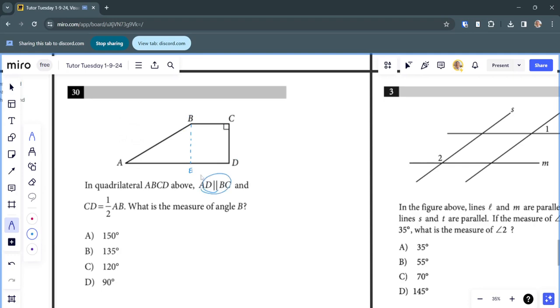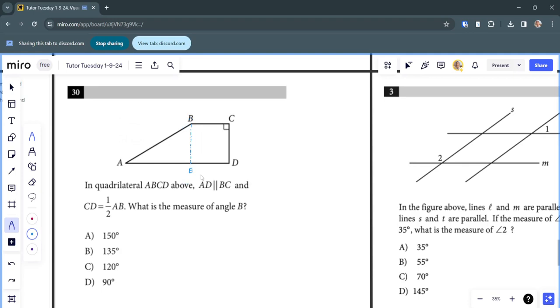Playing off the fact that these 2 lines are parallel, plus using the right angles here, we can say that this is true. From here, we also know that CD is half of AB. Well, that also means that BE is half of AB.